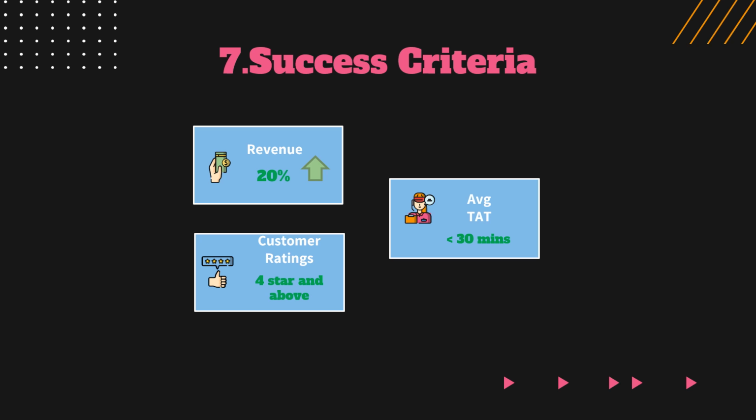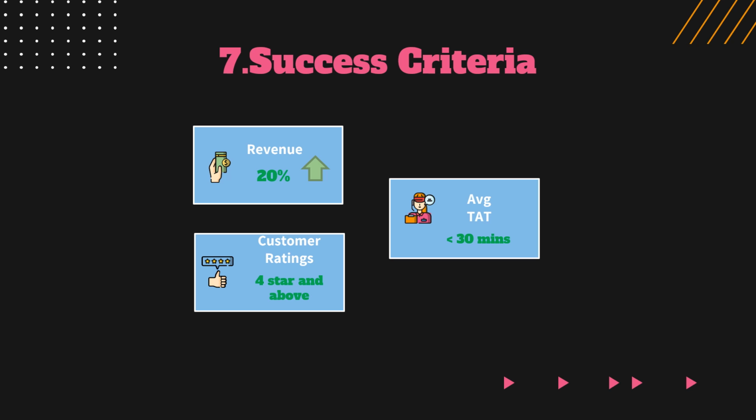Section 7, Success Criteria. Success criteria is everything you are going to track to see if the project has achieved its goals. If at all possible, base your success criteria on calculable measures. That will make it easier to monitor the project success. In our case study, in line with our business goals which we discussed in the earlier slide, there can be 3 key success criteria.